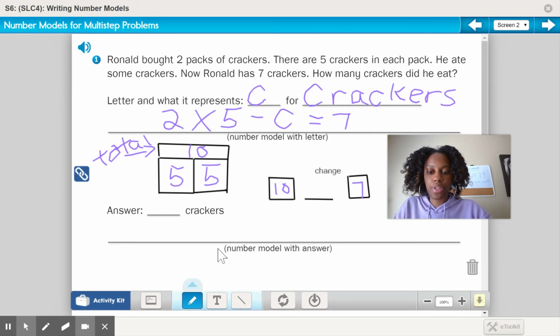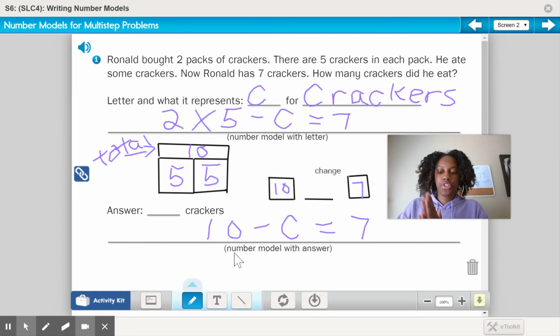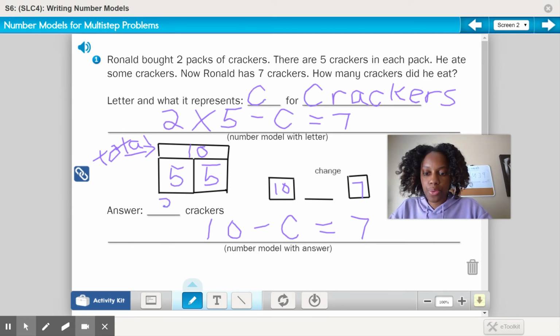The number model that would represent that is 10 minus the crackers is going to equal 7. So what is your answer? Think about it. 10 minus C equals 7. It is 3 crackers. 10 minus 3 equals 7. So that means Ronald ate 3 crackers.